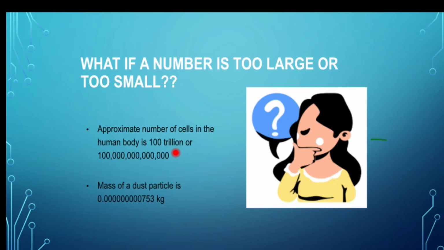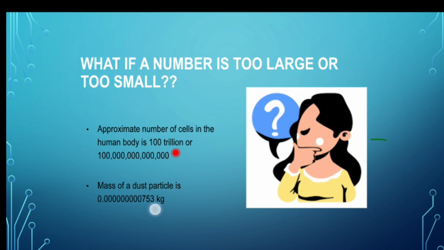And in the next example, they have given the mass of a dust particle. Again, this is just the mass of one single particle. What if we have plenty of dust particles? We can see that there are many dust particles in our environment. So what if we have multiples of these particles?